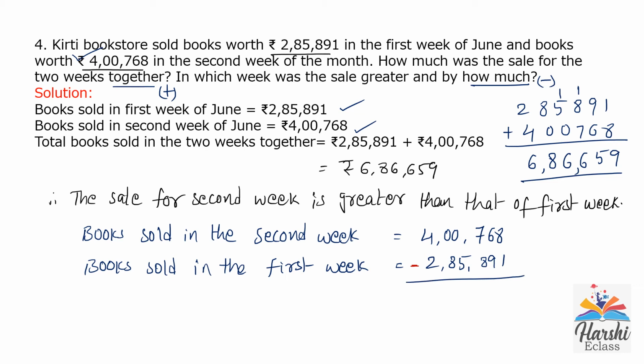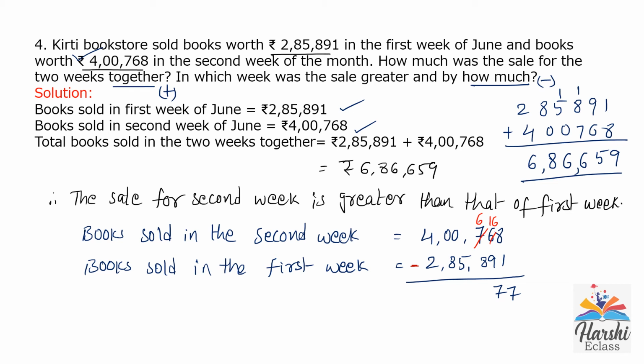8 minus 1, 7. 6 minus 9 is not possible. So what we will do? We will borrow from 7. Then 7 will become 6 and this 6 becomes 16. 16 minus 9 is equals to 7. 6 minus 8. Again, it is not possible to subtract 8 from 6. Then what we will do? We will borrow from the next number. But here the next numbers are 0.